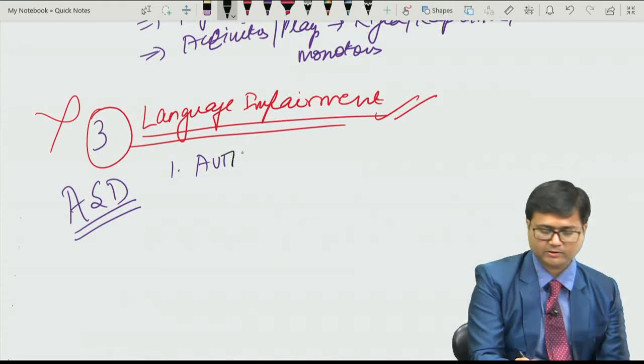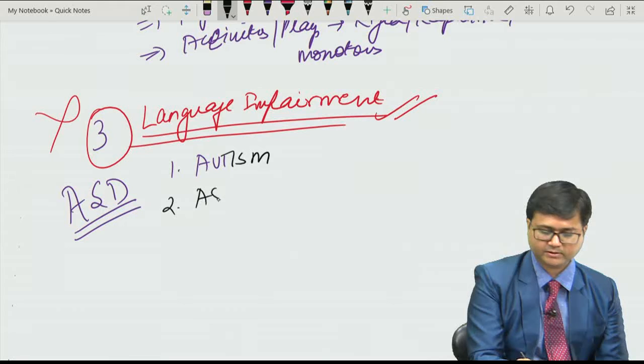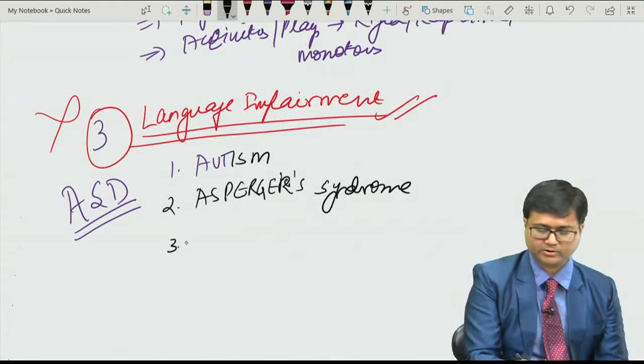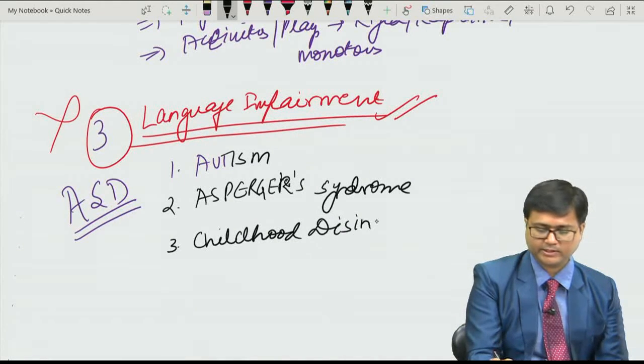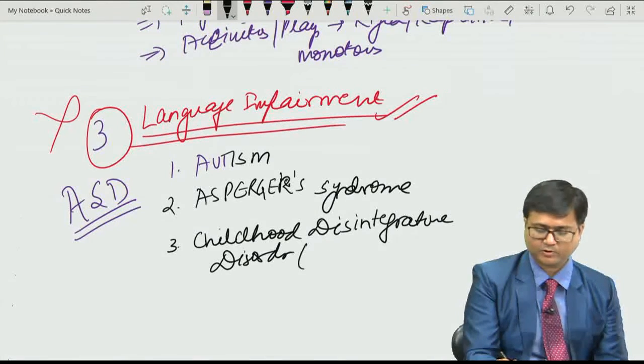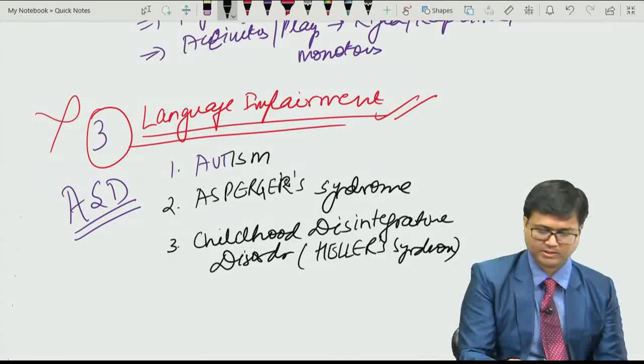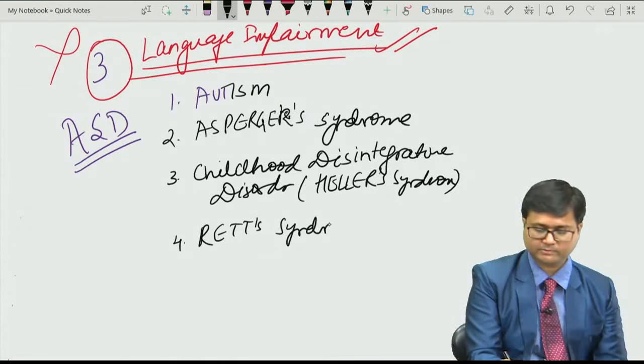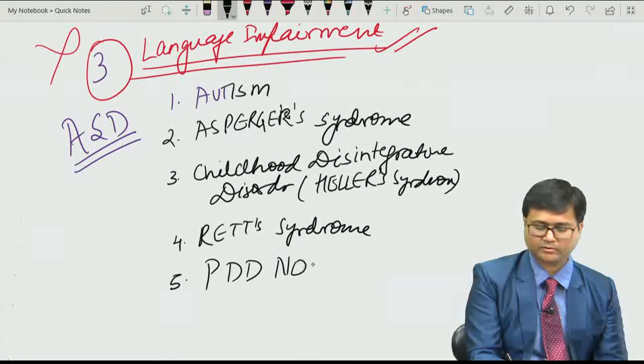First is autism, second is Asperger's syndrome, third is childhood disintegrative disorder or Heller's syndrome, fourth is Rett syndrome, and fifth is pervasive developmental disorder not otherwise specified.